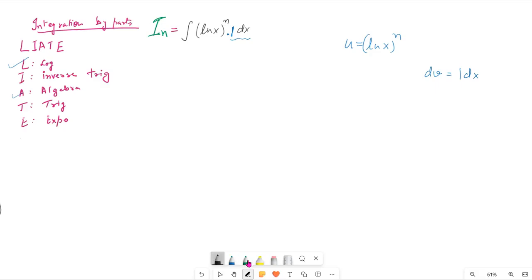We are going to differentiate u. What is it? Chain rule. Remember, n is a power, an outside function. n comes down, natural log of x to the power n minus 1, times the derivative of natural log of x, which is 1 by x, dx. And for dv, you're going to integrate to get v. The integral of 1 is just x.